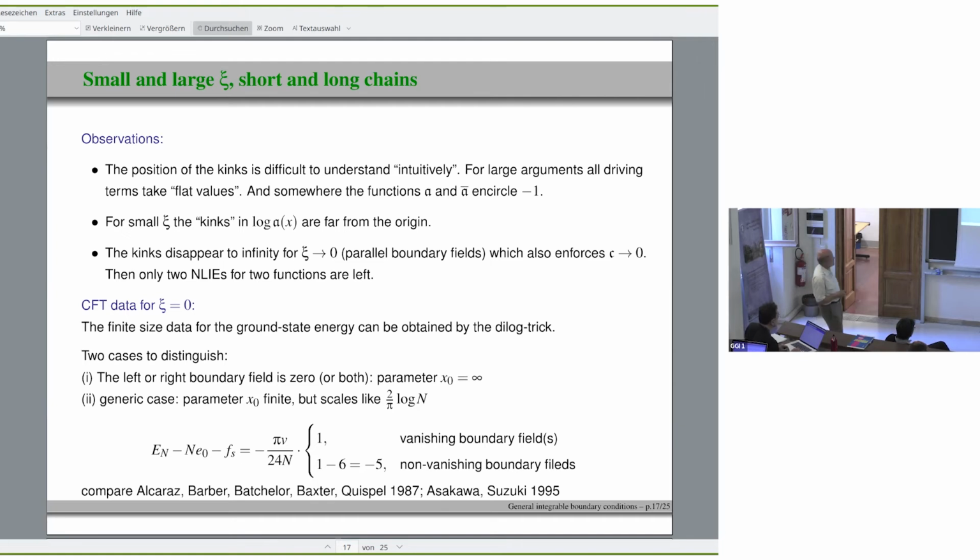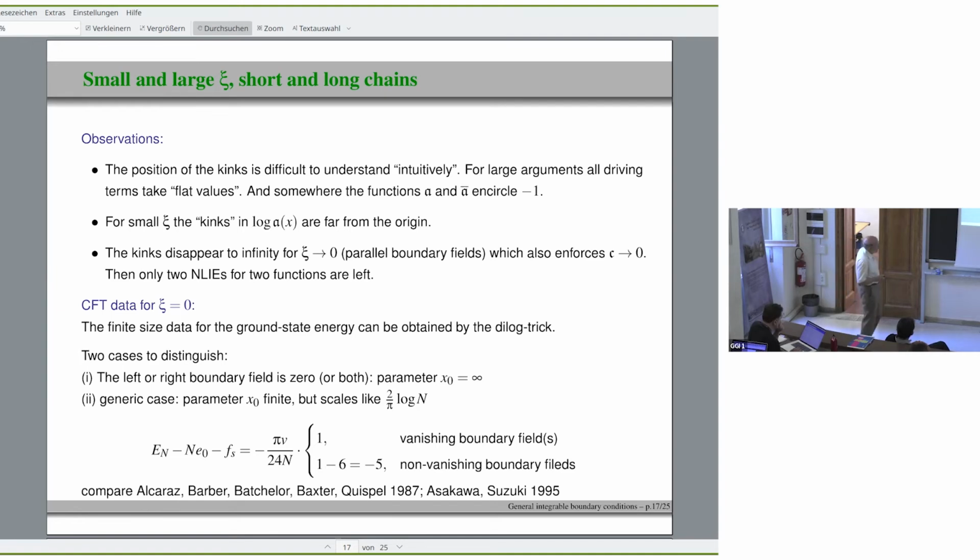Okay, so what do we know? In the case psi equal to 0, we can do simpler calculations. Then there are two cases to distinguish: left and right boundary fields just 0, and left and right boundary fields non-zero. And then we get different finite size data.